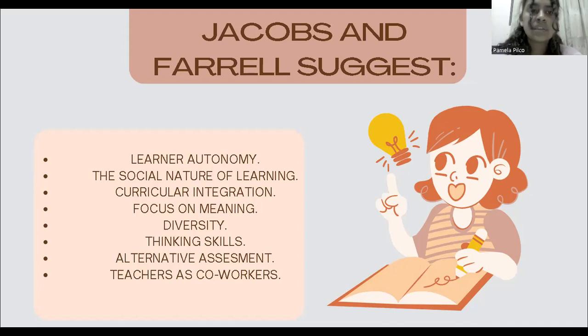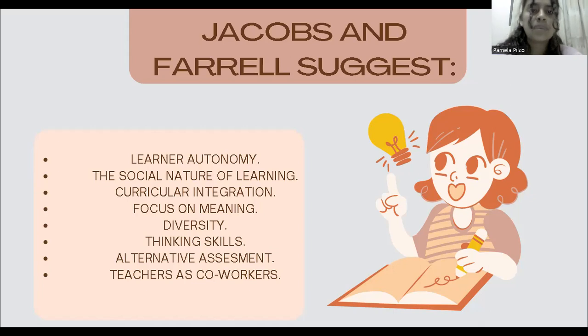The seventh and last one is alternative assessment. Well, in this, Jacobs and Farrell suggest that we don't have to follow the stereotype of tests or quizzes to evaluate our students, or even to assign assignments.